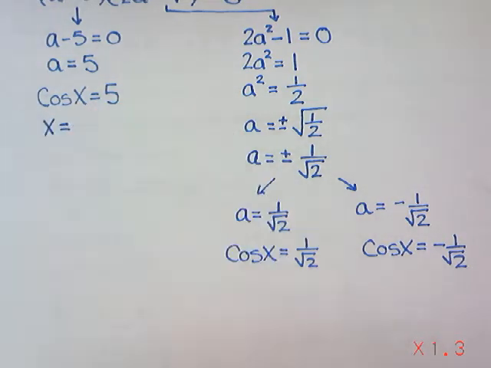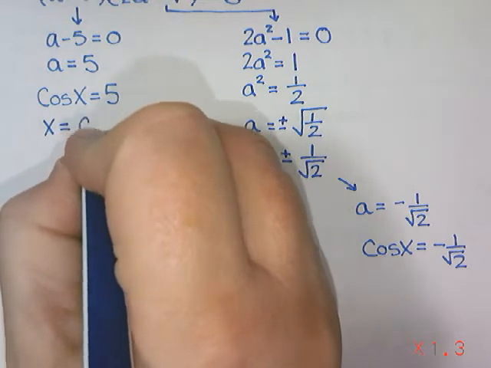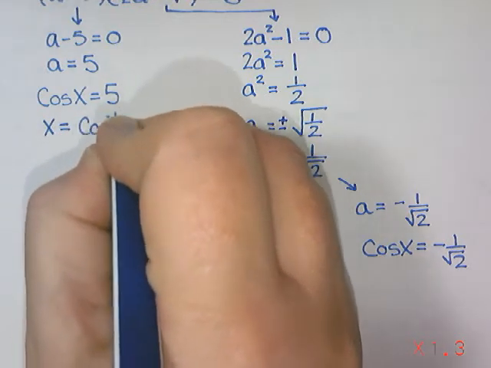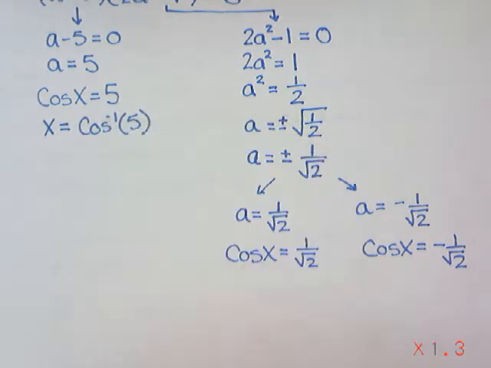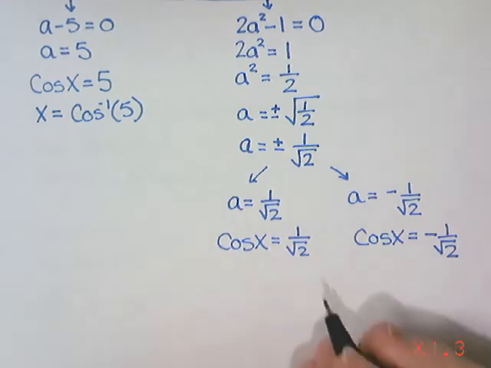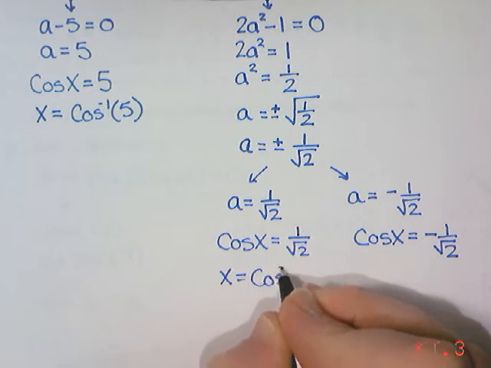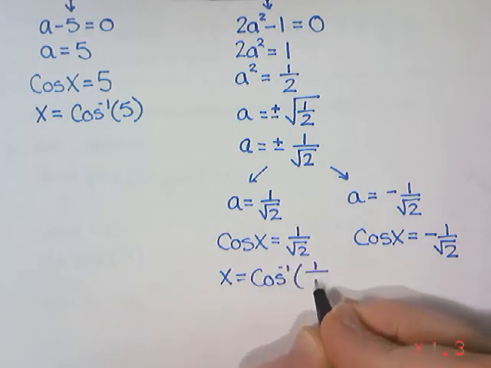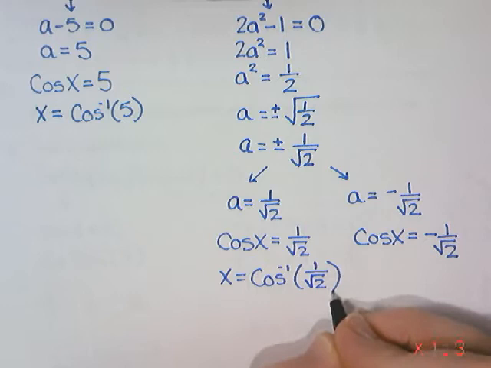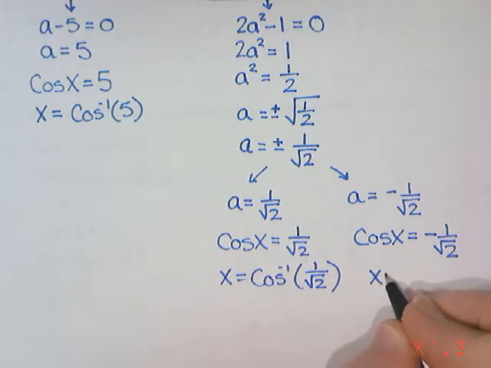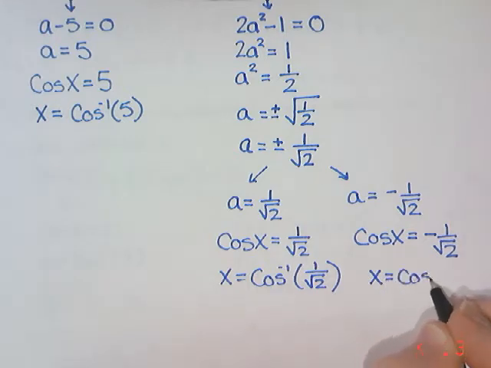So for this first one, x is going to be the inverse cosine of 5. For this one, x is going to be the inverse cosine of 1 over root 2. And for this last one, x is going to be the inverse cosine of negative 1 over root 2.